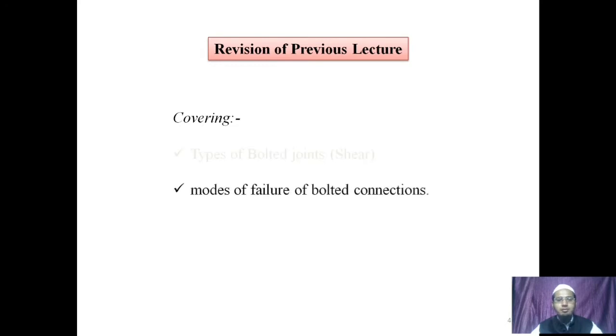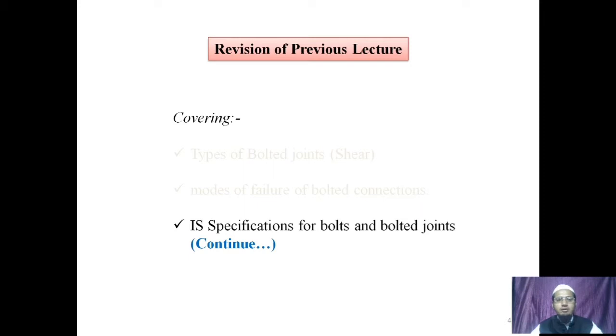After that we discussed modes of failure of bolted connections, such as shear failure, bearing failure, tearing failure, splitting of plates, etc.